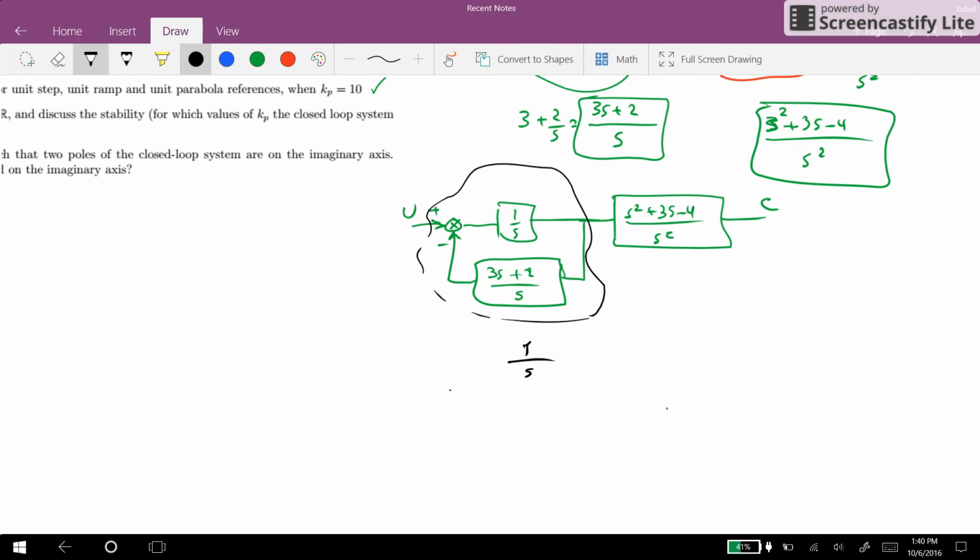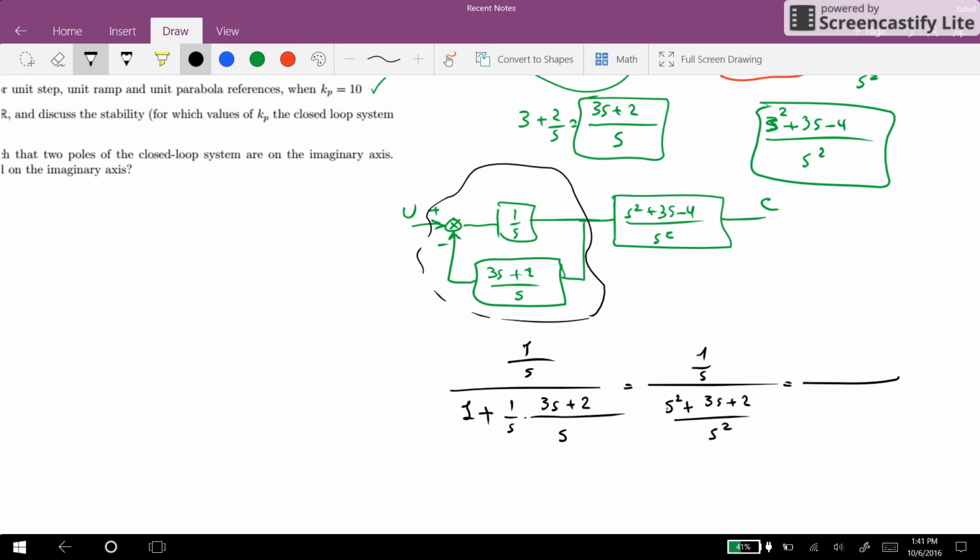We will have 1 over S over 1 plus, since we have a negative feedback, 1 plus 1 over S times 3S plus 2 over S. We will have 1 over S. At the denominator, we will have S squared plus 3S plus 2 over S squared. And finally, we will have S over S squared plus 3S plus 2.